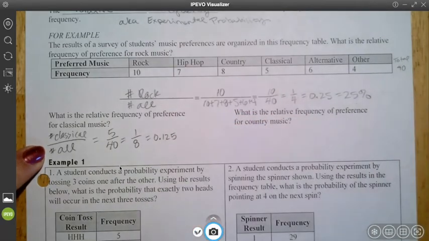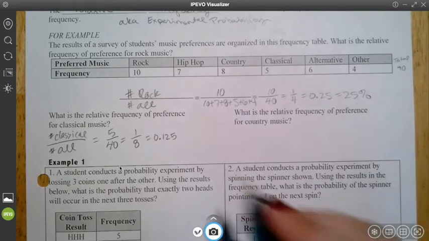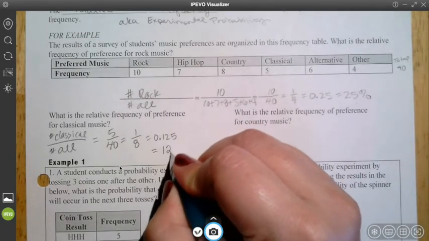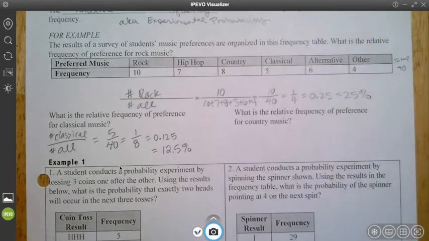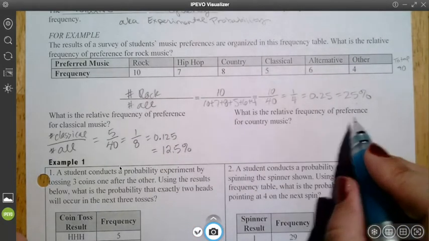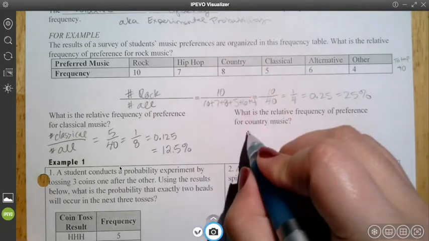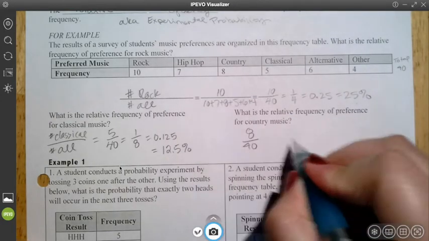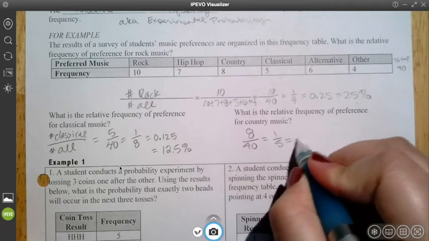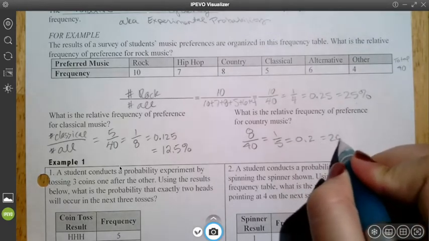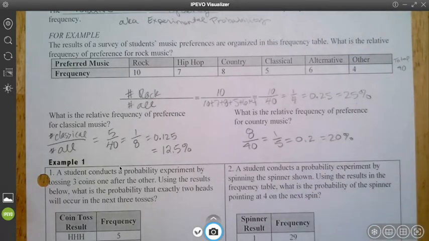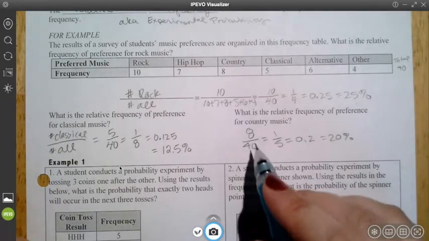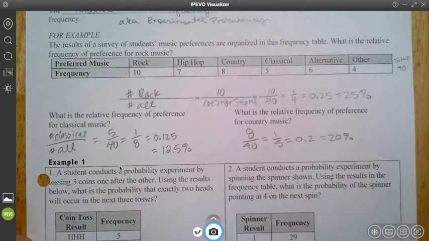I'm going to 3 decimal places here because it's exact. I don't want to estimate if I don't have to, which is 12.5%. And then the relative frequency for country is 8 over 40, which is 1/5, or 0.2, or 20%.